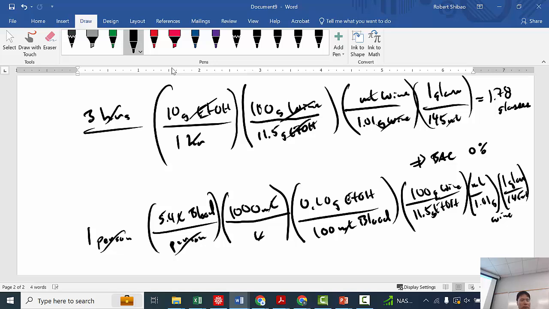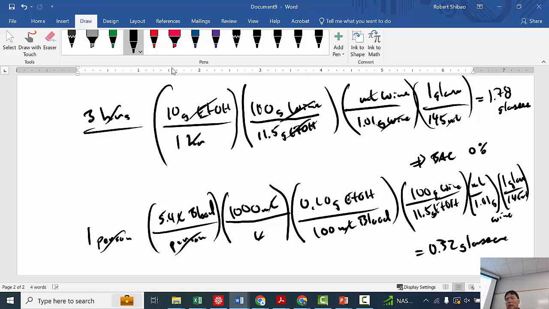And so we go 5.4 times 1,000 times 0.1 divided by 100 times 100 divided by 11.5 divided by 1.01 divided by 145. That's 0.32. So you could finish that second glass. It was 0.32 glasses.